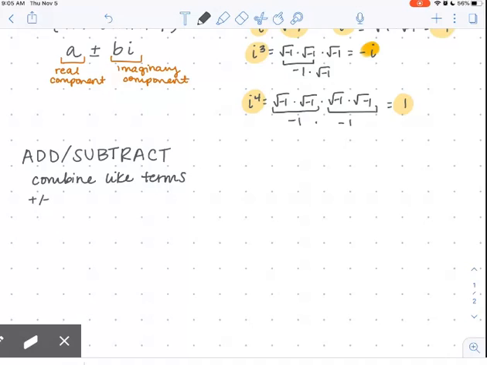So we add or subtract the real components, and you add or subtract the imaginary components.